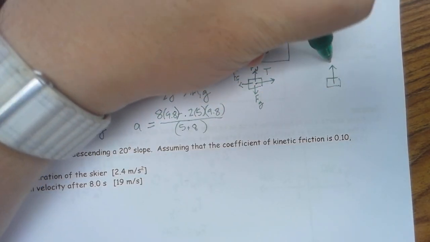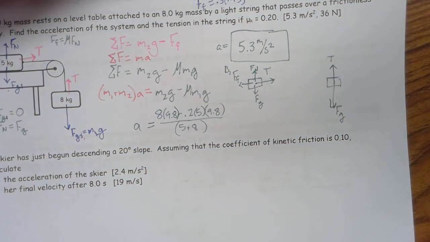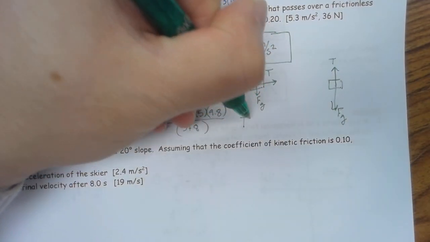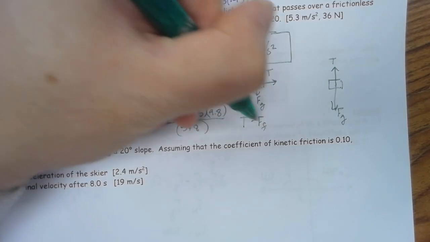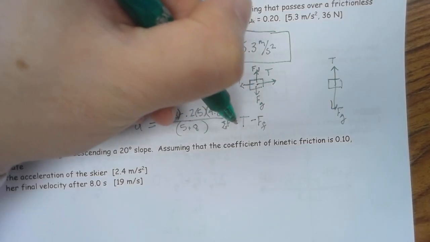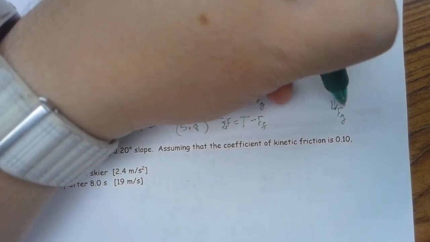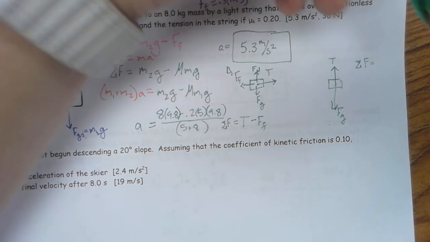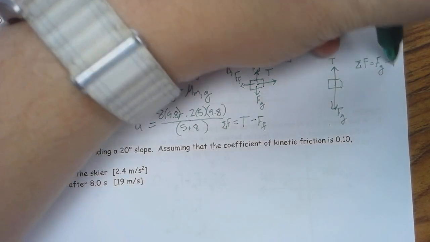Up. T versus force of gravity. So on box 1, what's the equation? Tension minus force friction? The net force equals tension minus friction. For box 2, the net force equals force gravity minus tension.